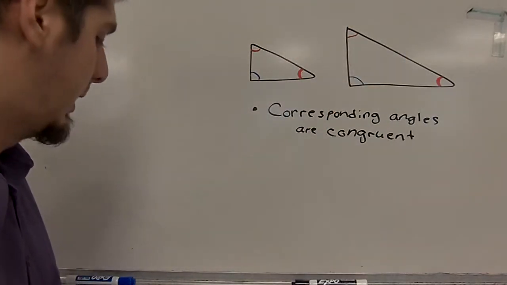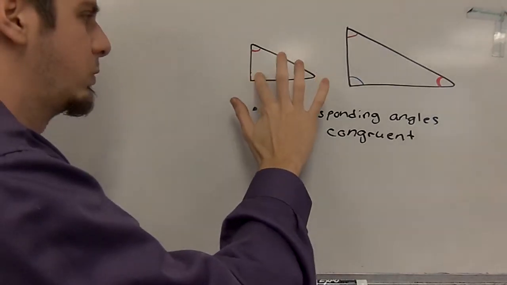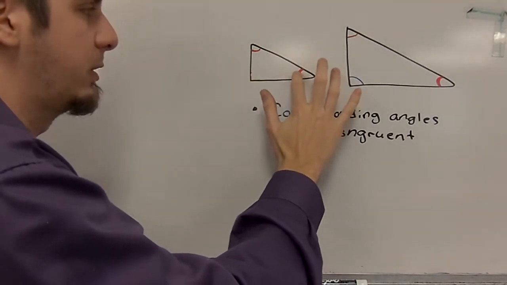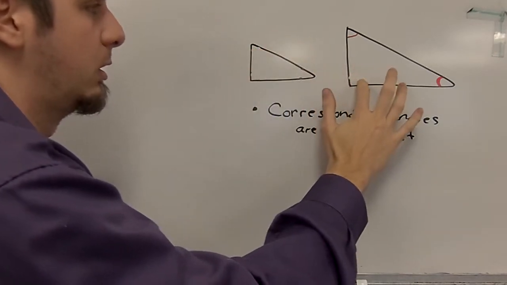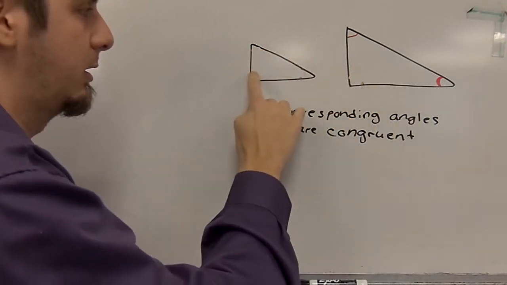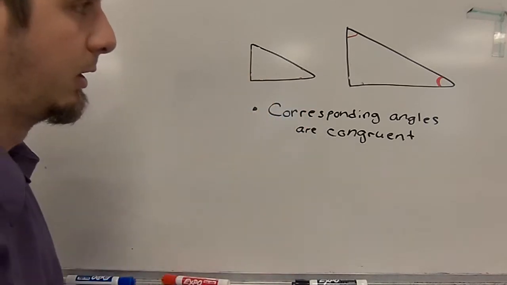So the corresponding angles in similar figures are the same size. They're congruent. So if this is a 90-degree angle here, this is also a 90-degree angle here.